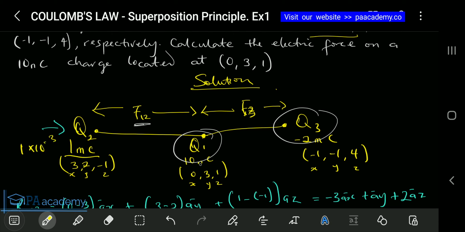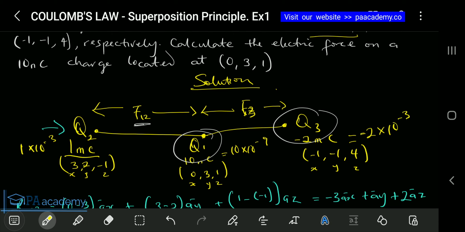Then our q2 is 10 nanocoulombs, which is 10 times 10 raised to power minus 9. I've talked about it in the previous video. Then q3 is minus 2 millicoulombs, which is minus 2 times 10 raised to power minus 3.